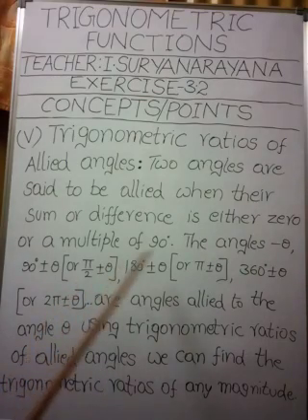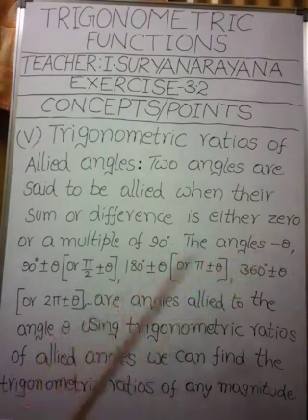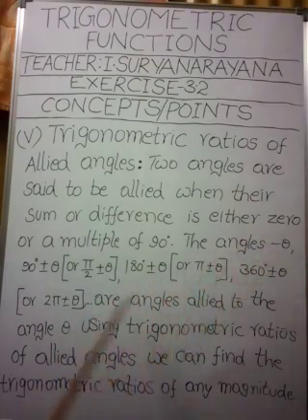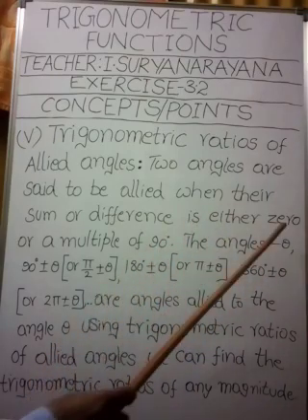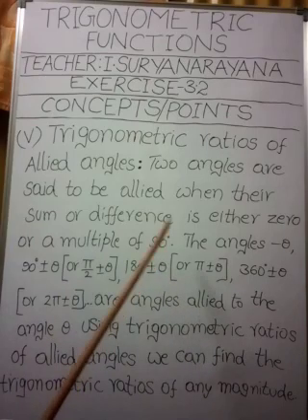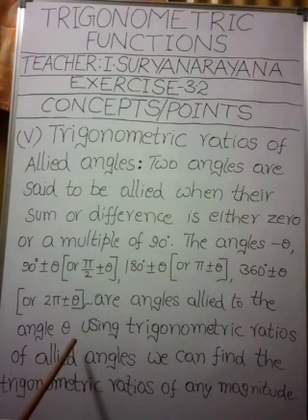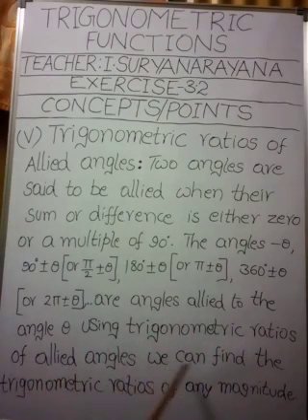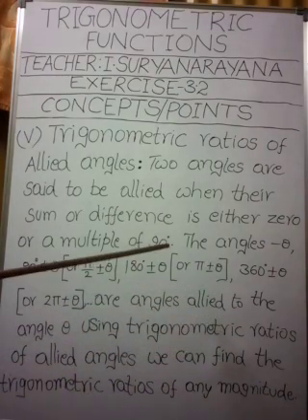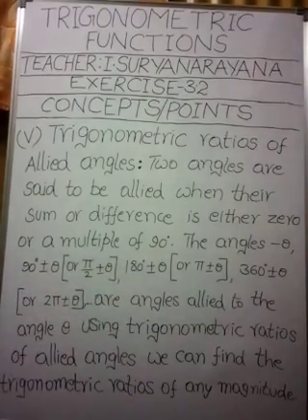If we take any angle plus theta or minus theta, the sum of these two angles, we get either 0 or a multiple of 90 degrees. Understood this point, my children? Yes. Using trigonometric ratios of allied angles, we can find the trigonometric ratio of any magnitude. Understood, my children? Right.